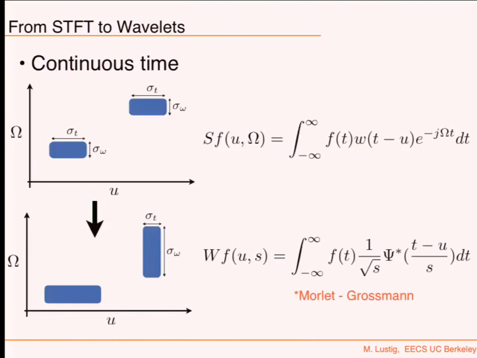So let's try to move from the short time Fourier transform to wavelets. If you look at continuous time and the short time Fourier transform, it's basically a Fourier transform over a window. You have a time signal, it is multiplied by a window, and then you compute a continuous time Fourier transform. Then you slide the signal, keep the window in the same place, and do another continuous time Fourier transform.